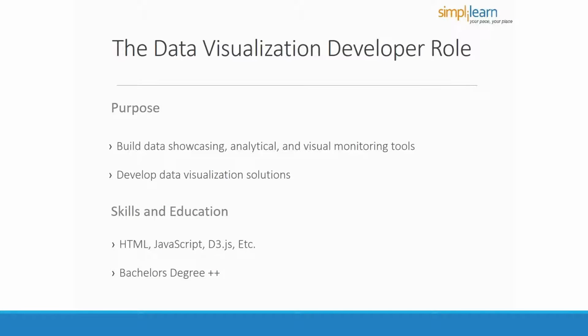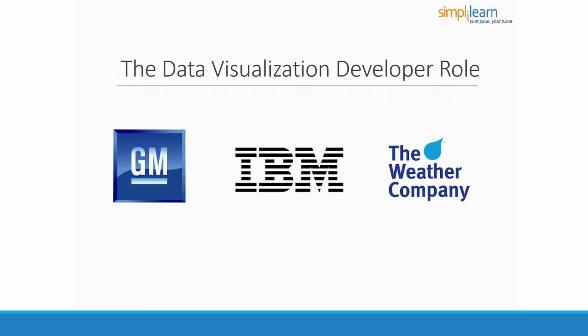Starting first with the data visualization developer role, the purpose of these types of professionals is to build data showcasing, analytical, and visual monitoring tools, and to develop data visualization solutions. Most of the job advertisements out there are asking for at least a bachelor's degree, and of course, skills in HTML, JavaScript, D3, and the like.